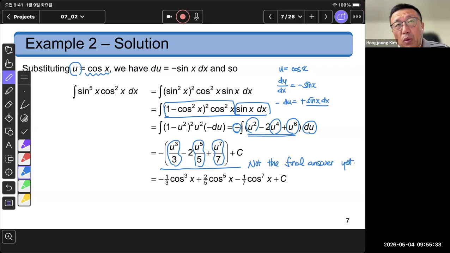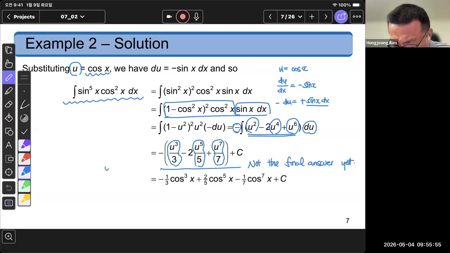Because what is the problem? The problem is to find an antiderivative of this function in x. What I have now is a certain expression in u. So you need to go back to expressions in x.